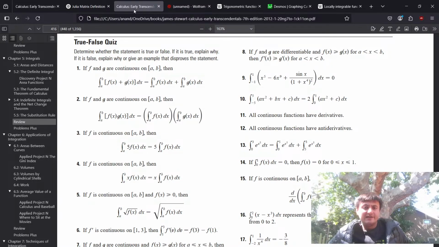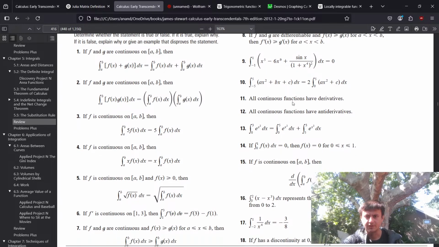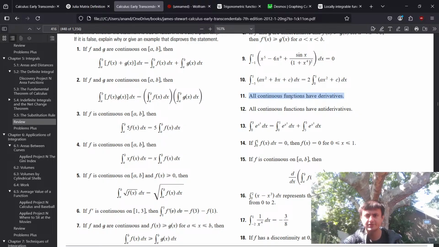All right. I don't know how to do this one. Is this like some even odd thing? I don't know. All continuous functions have derivatives.